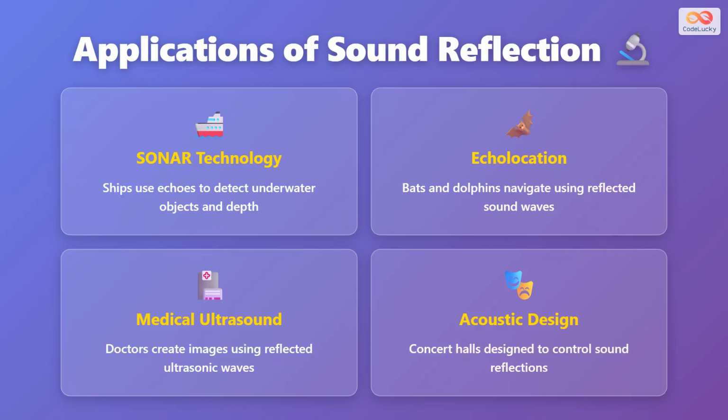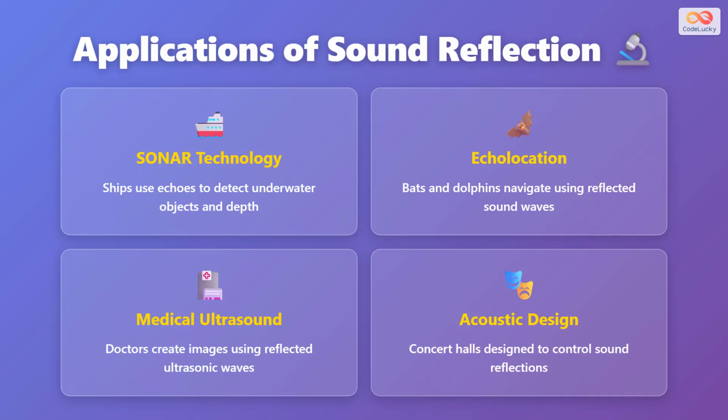The principle of sound reflection has numerous practical applications in technology and nature. Sonar technology, used by ships and submarines, sends out sound waves that reflect off underwater objects. By measuring the time it takes for the echo to return, the system can determine the distance and location of objects underwater. Echolocation is used by animals like bats and dolphins to navigate and hunt.